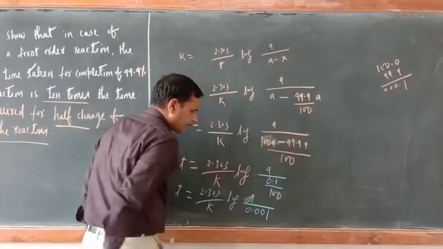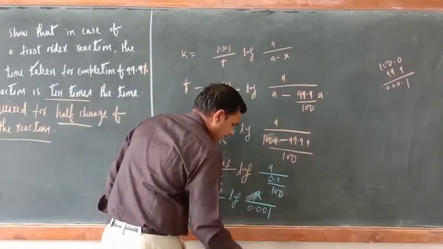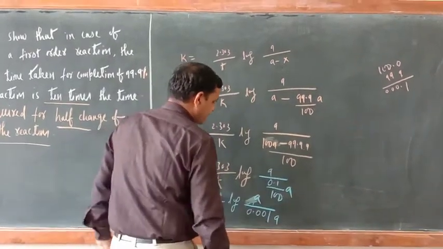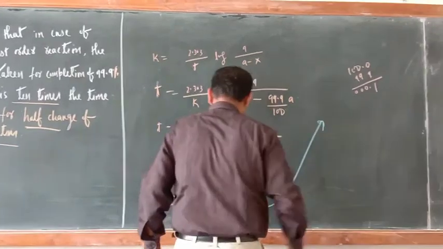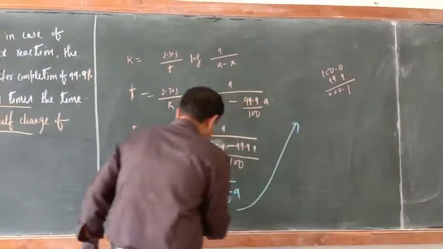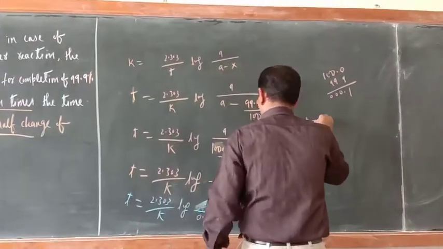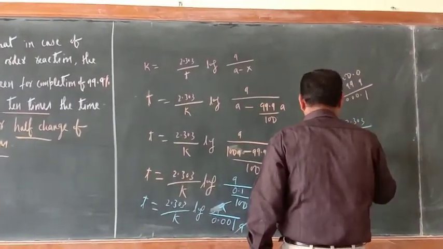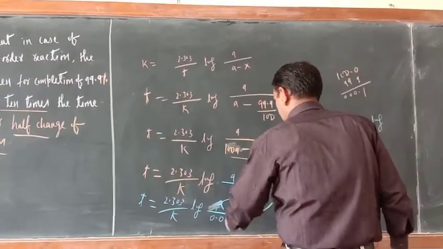You have got this one, and this is A. So here also A would be. Now if we solve this further, A would cancel out.